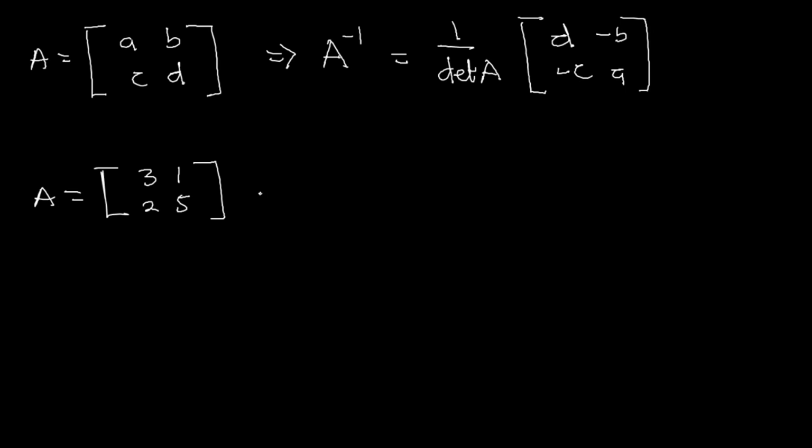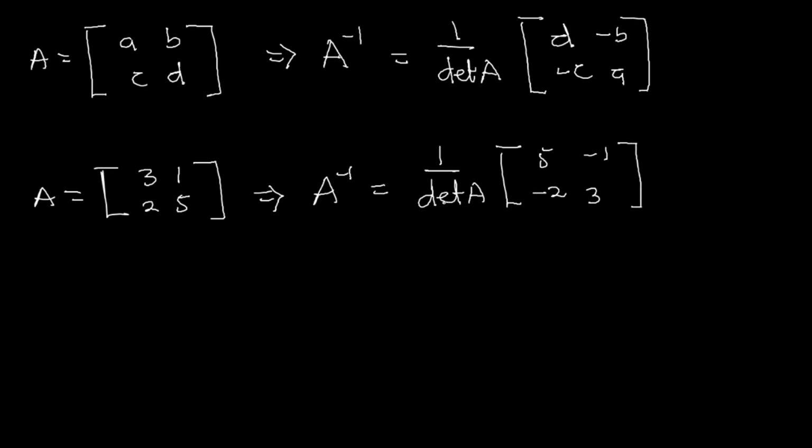So over here, our A inverse is going to be 1 over det A, which is the determinant of A, multiplied by, if we interchange the position of the leading diagonal, here will become 5 and this side will become 3. Then we negate the following diagonal, so it becomes negative 1, negative 2.